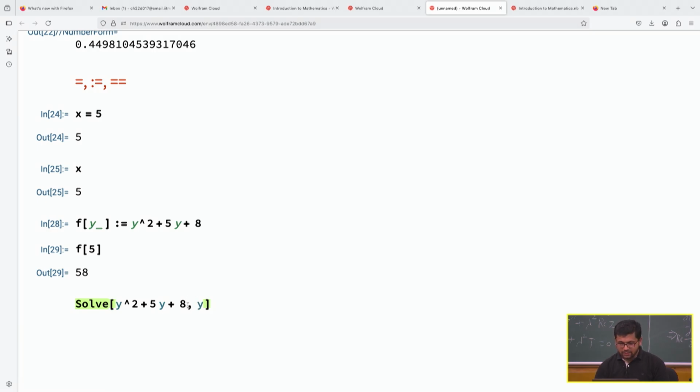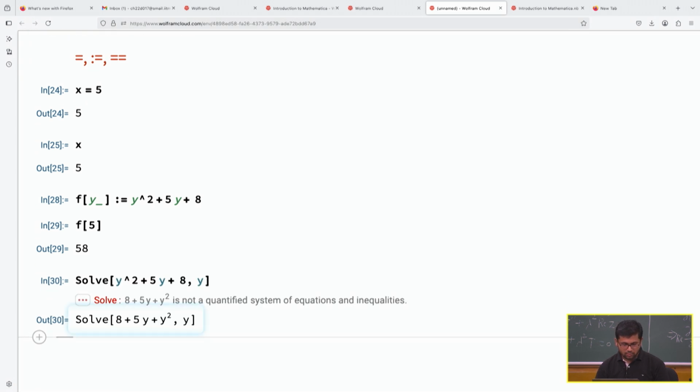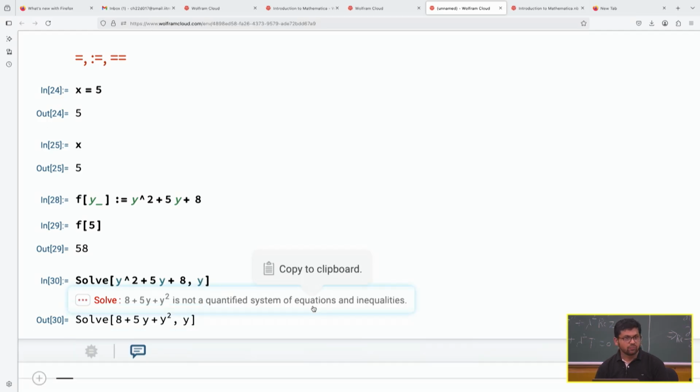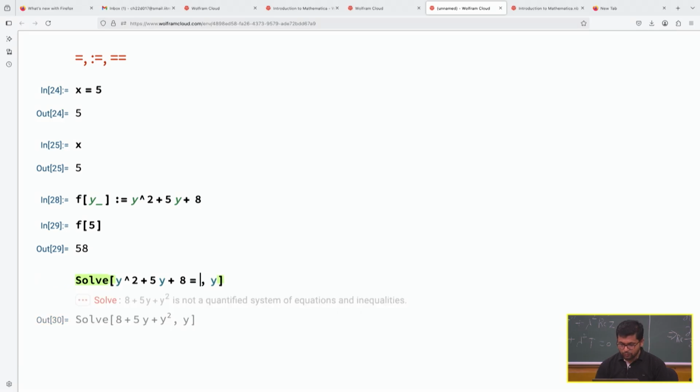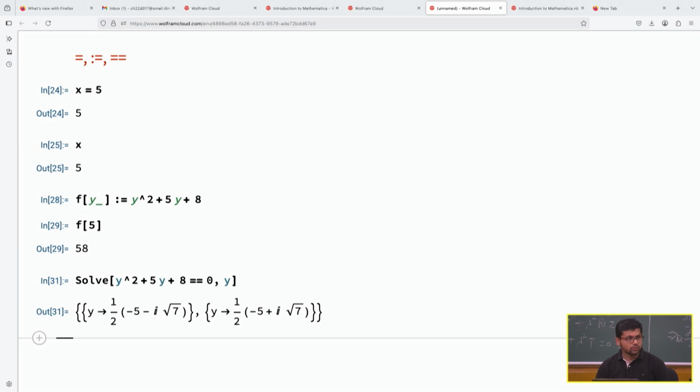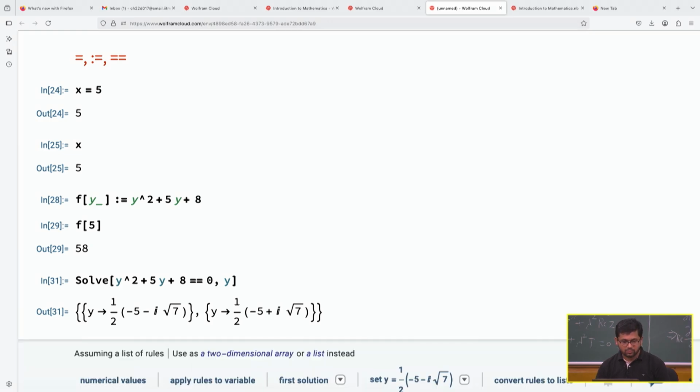If I run it like this, it will give me an error, and you can see that it is not a system of equations. So, to make it a system of equations I will put double equal to 0, and if I run it, it will give me the value of y, the roots of that equation.